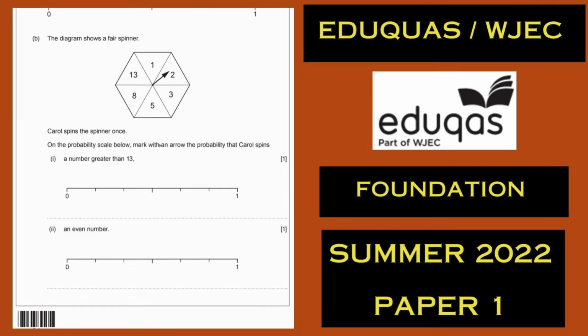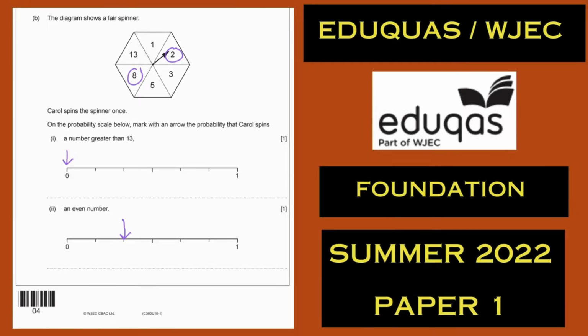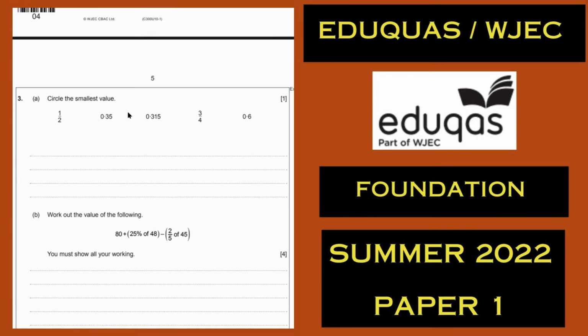So the chance of getting a number greater than 13, there are none. That's 0 out of 6. Make sure you put your mark on 0. An even number, there are 2 of them. In other words, 2 out of 6. Yeah, it cancels down to a third, but in this context, in this case, no one cares.